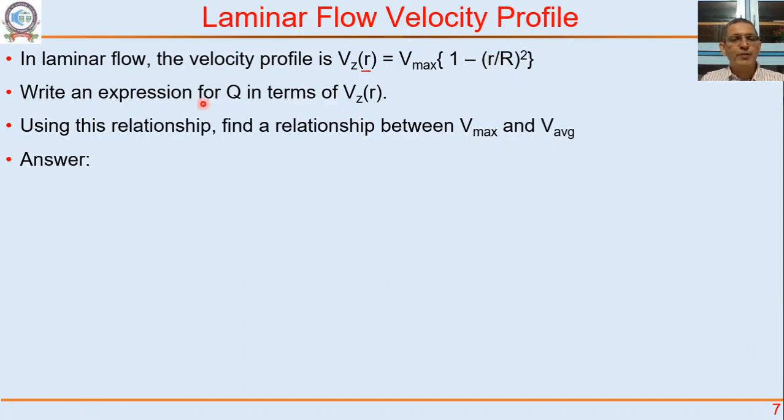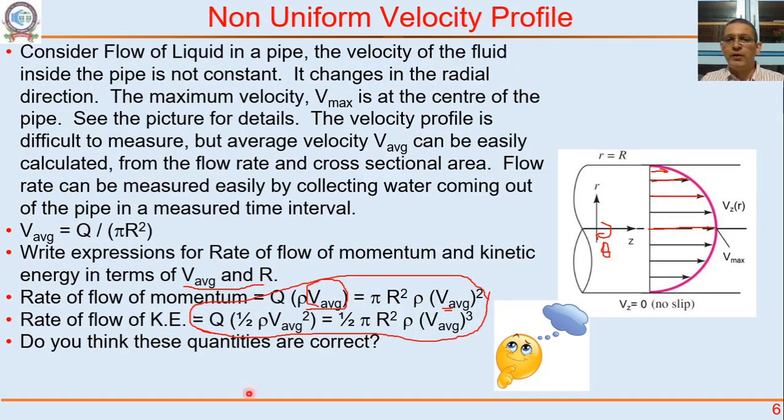I want you to write an expression for flow rate in terms of Vz at any r, and using this expression, find the relationship between Vmax and V average. Can you do that? I want an expression between Vmax, the maximum velocity at the center, and V average.